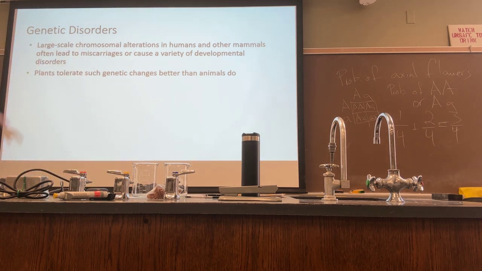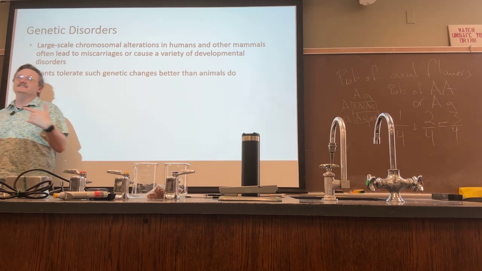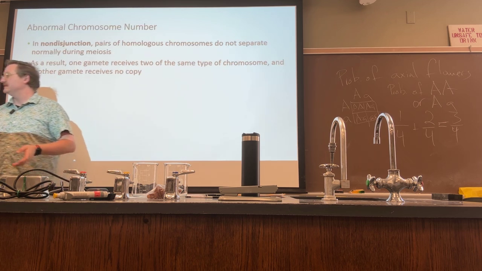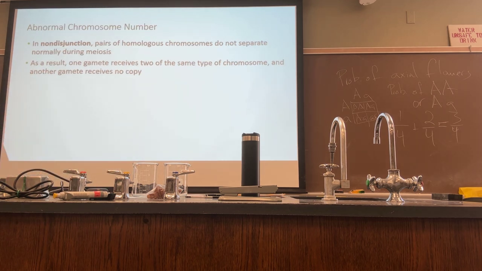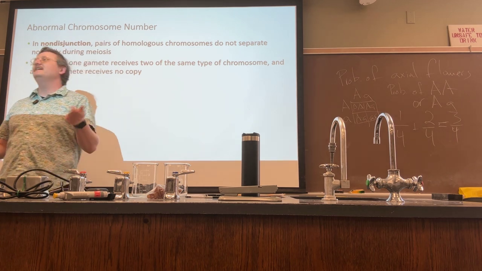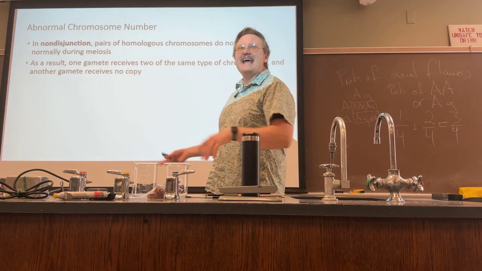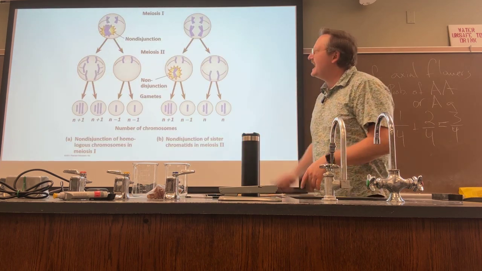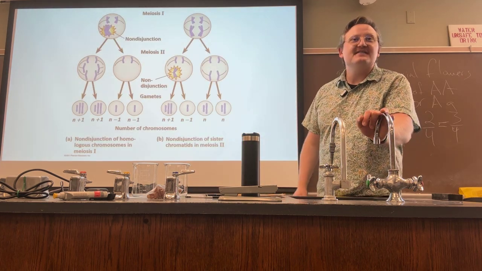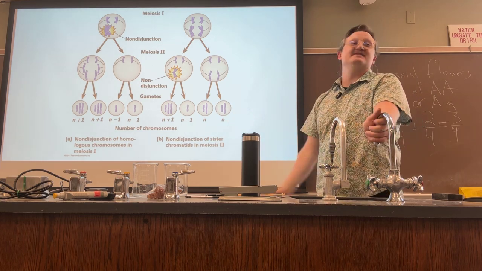Sometimes there can be large-scale alterations to chromosomes. One of the biggest ones is non-disjunction. In non-disjunction, either the homologous chromosomes don't separate in anaphase 1, or the sister chromatids don't separate in anaphase 2. And if this happens, you end up with gametes that have one extra or one fewer chromosome.